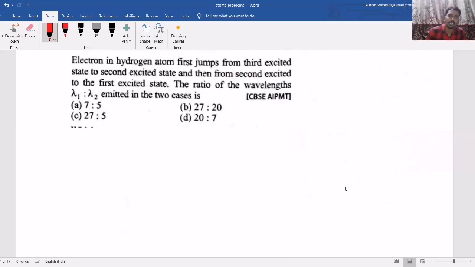Now another question here: an electron in a hydrogen atom first jumps from the third excited state to the second excited state. They are not telling the third state, but the third excited state. So third excited state means fourth orbit, and second excited means third orbit. Then it jumps from the second excited state to the first excited state, which means 2. Find the ratio of the wavelengths.